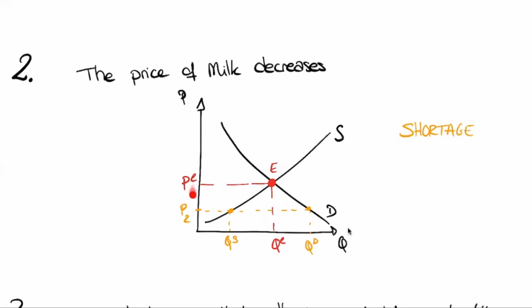So if the price decreases, this is my new quantity supplied and this is my new quantity demanded. What is happening? I have a shortage. And what will happen in the market in the long run? The price will slowly increase so that the quantity supplied and demanded are equal again at the same equilibrium.